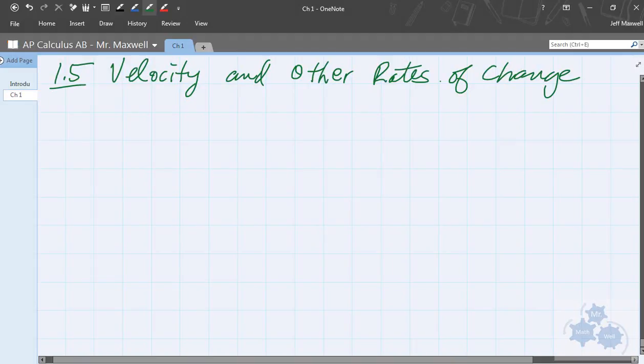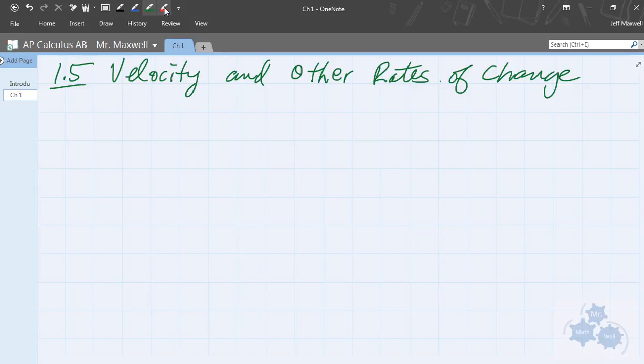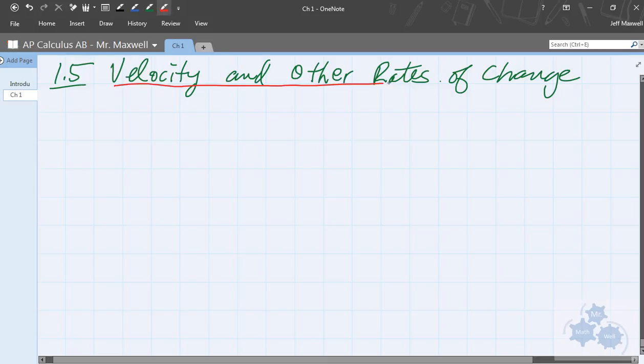Okay, so section 1.5, Calculus 30, in your textbook is called Velocity and Other Rates of Change. What we've been talking about the last few sections, actually most of the class so far, is slopes of tangent lines, right?